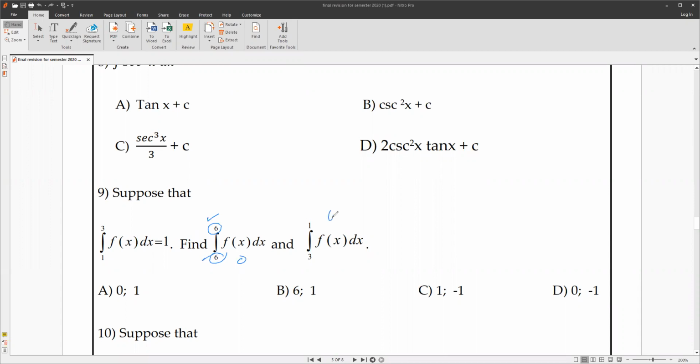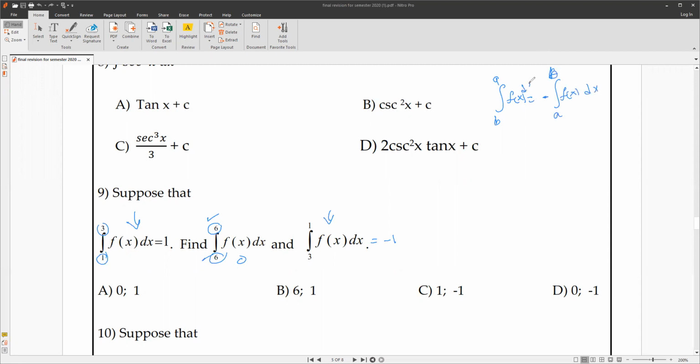Here, how we get the definite integral of this function from 3 to 1, which I just switch the upper limit with the lower limit in the given function, so it will be -1. I know the definite integral from b to a of f of x is negative the definite integral from a to b of f of x with respect to x.